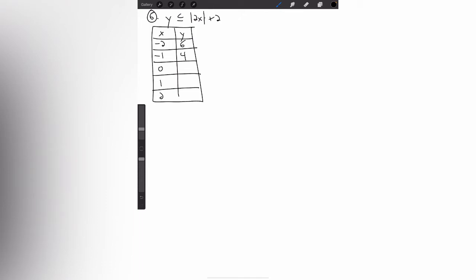The absolute value of 0 is 0. 0 plus 2 is 2. Then 1, and it goes back the other way. We end up getting a 4 here, and for 2, 2 times 2 is 4, and we get a 6.